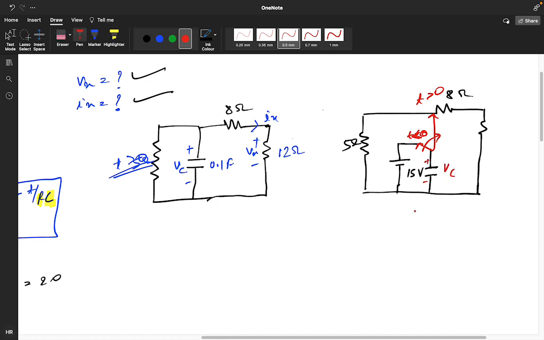So Vc(0 minus) is your 15. The same circuit they can give you like this. It is the same representation, right? So this is how you have to decode, and you will understand how to solve this kind of question by practicing. The more you practice, the more you learn.